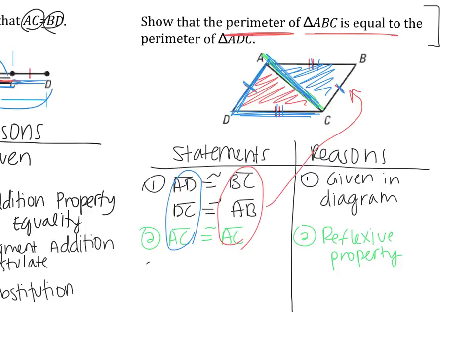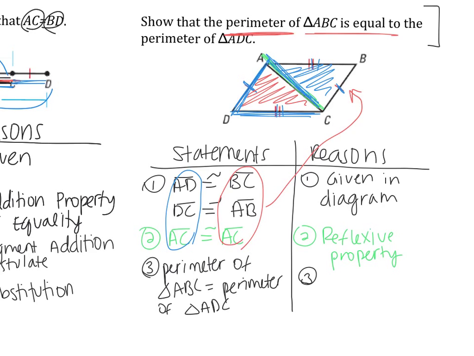So now I can say that the perimeter of triangle ABC is equal to the perimeter of triangle ADC. The reason is all the sides are congruent. And I'm going to say that's proven above.